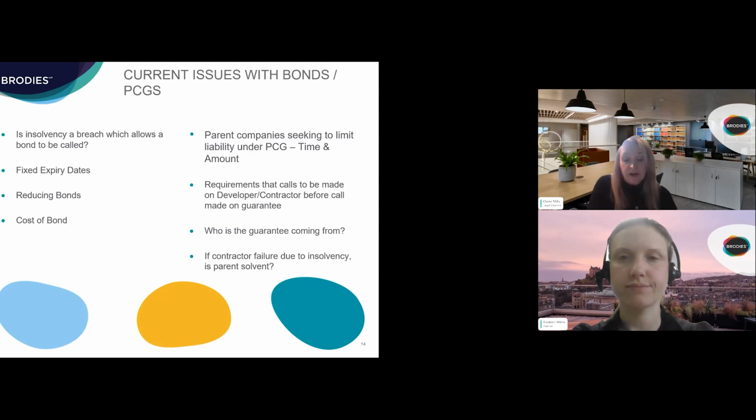Bond providers are now taking more of an interest in the expiry date of the bond. Historically, the expiry date of the bond was always linked to the term practical completion and when that was achieved. But what we're finding now is often bond providers are looking for a long stop date to be written into the bond. So if there are delays to the works, the bond might well expire before practical completion has actually been achieved under the development agreement.